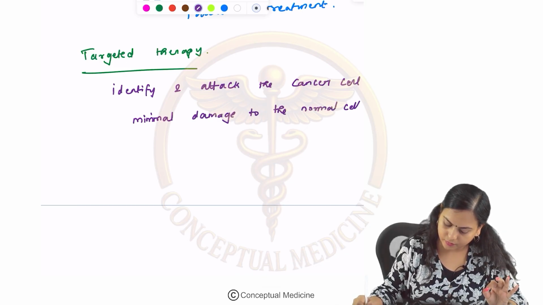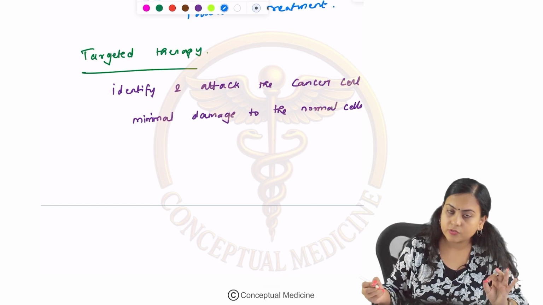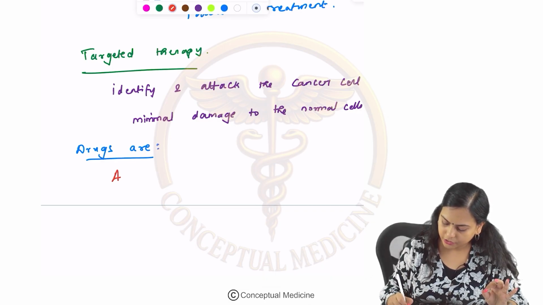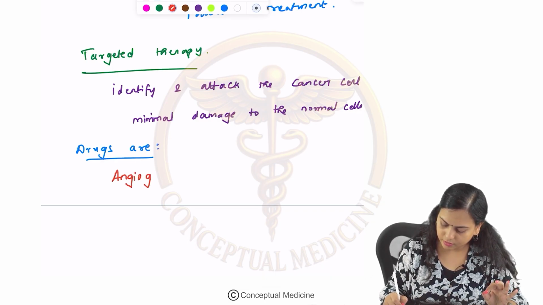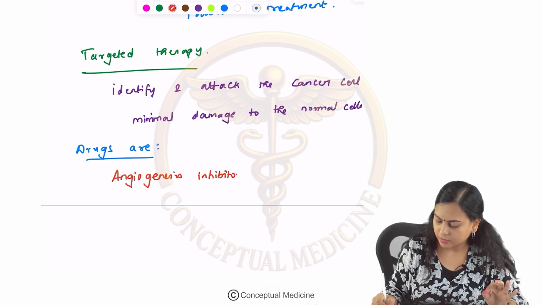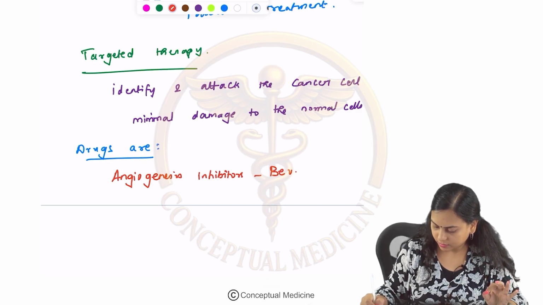Clear? So what are the drugs used here? We have angiogenesis inhibitors like bevacizumab.